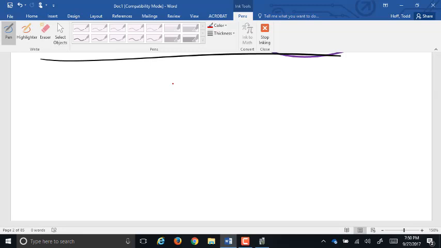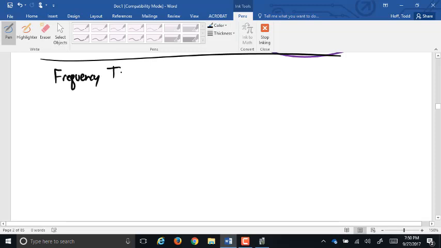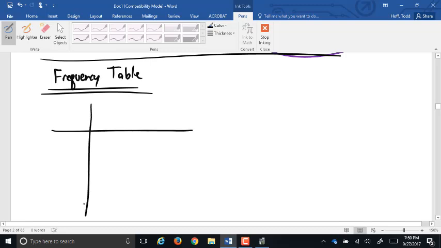Now, the last thing I want to show you tonight, that sounds way more promising than it is. What if we're given a frequency table? And this is going to be a discrete numerical data.